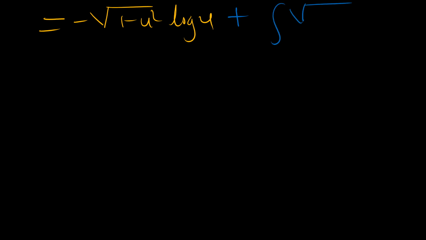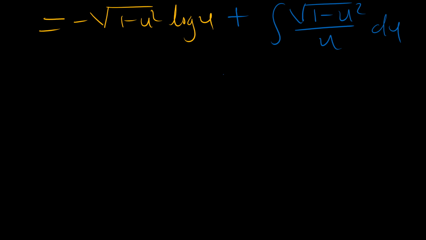Integral was negative square root of 1 minus u squared natural logarithm of u, and then now we can shift to the next part, which is the integral of square root of 1 minus u squared over u, right?